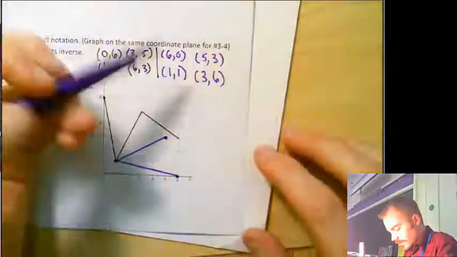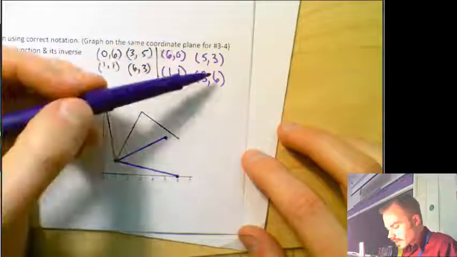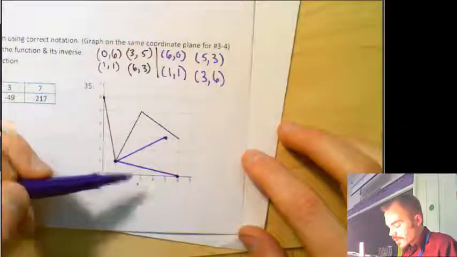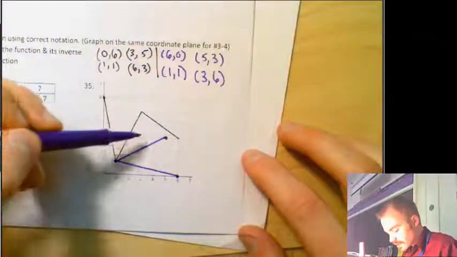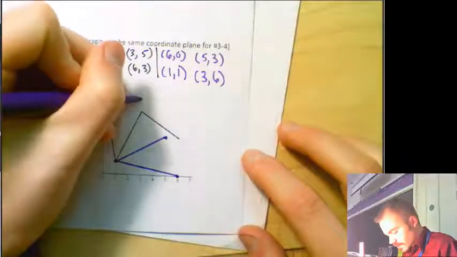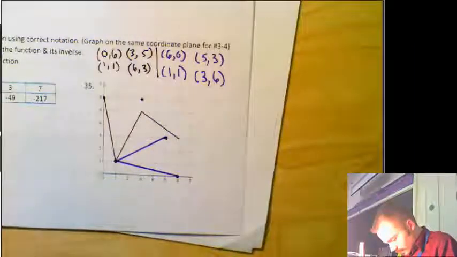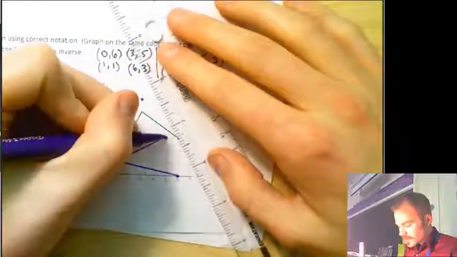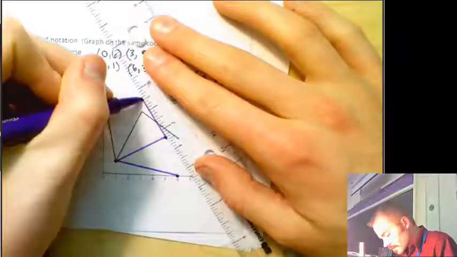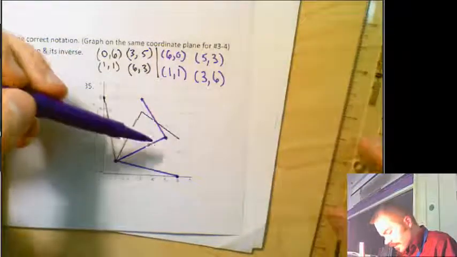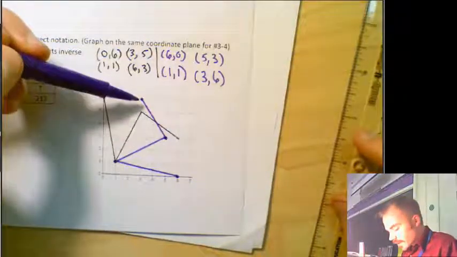And then finally, the last point that I'm going to graph is (3, 6). There's (3, 6). And then I need to connect from (5, 3) to (3, 6).